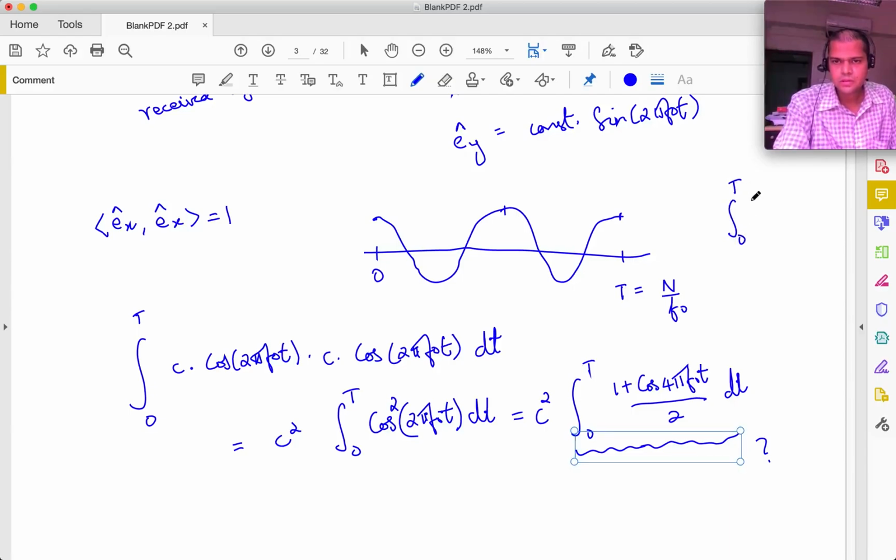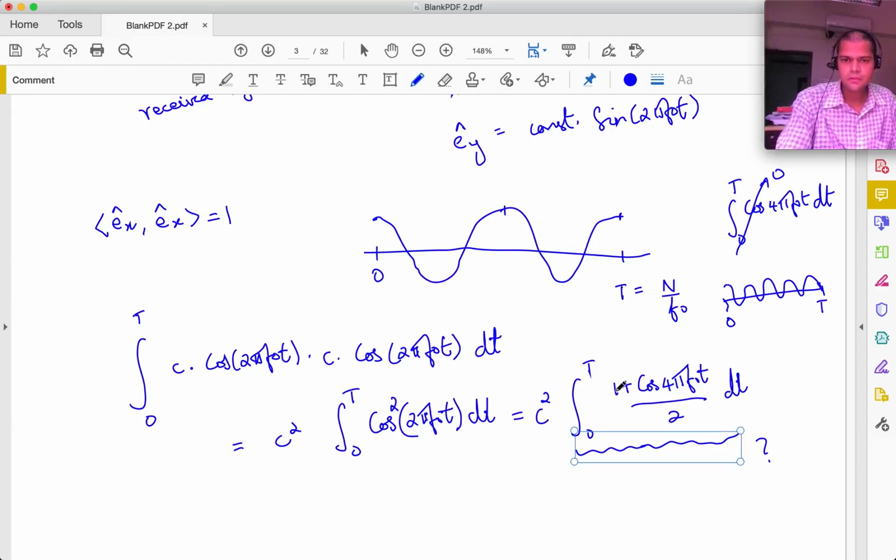The integral from 0 to T of cos 4 pi f0 t dt is a cosine which is going like this over a multiple of its wavelengths. If you integrate a cosine over one wavelength, it goes to 0, and if you integrate over multiple wavelengths, again it's going to go to 0. So this term goes to 0.